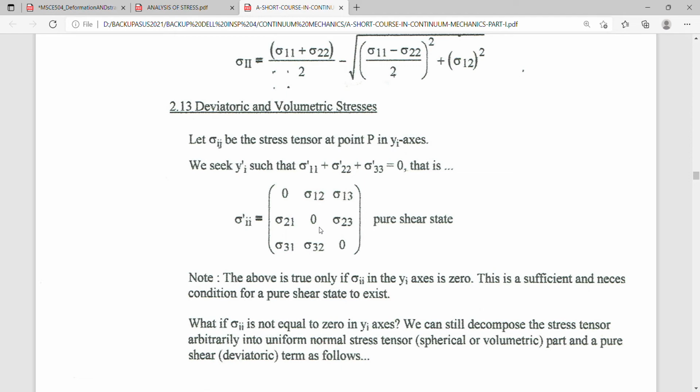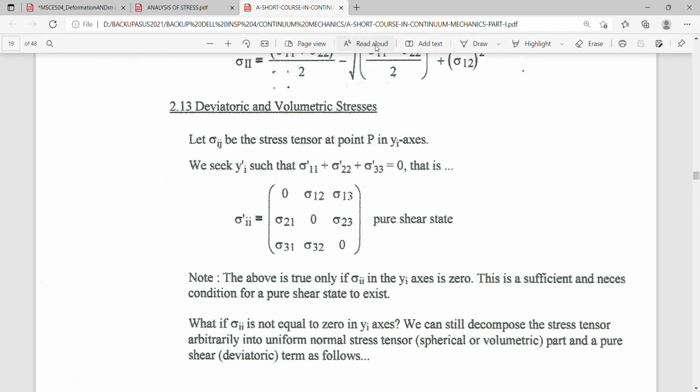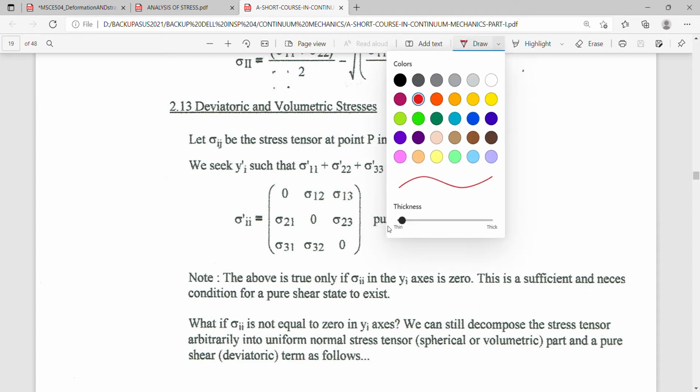So the form of the matrix will then be equivalent to this one here, wherein all your diagonal elements become zero, meaning to say that your normal components or your longitudinal stresses are therefore zero.